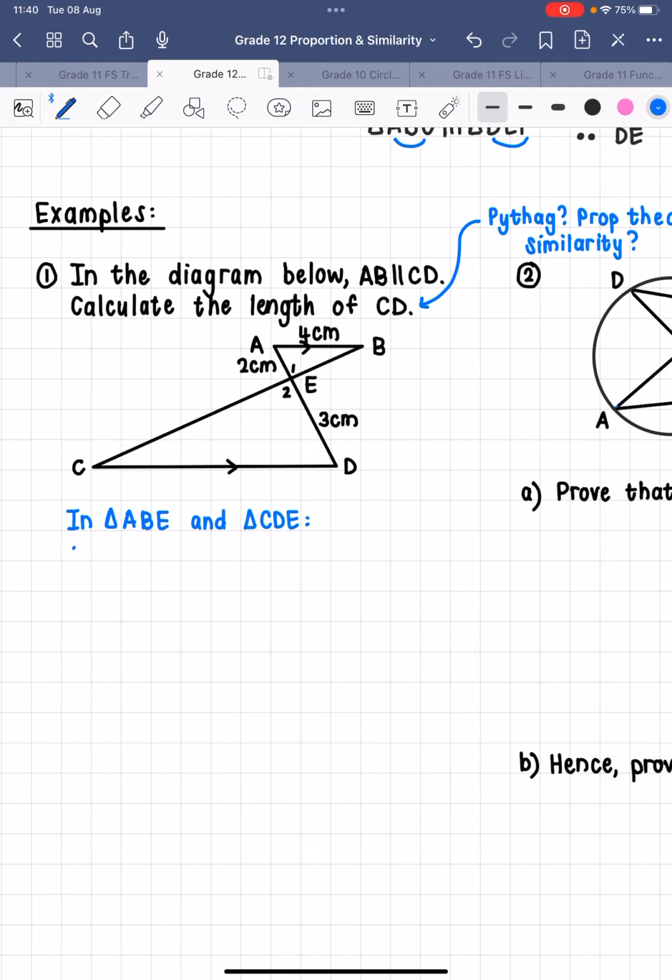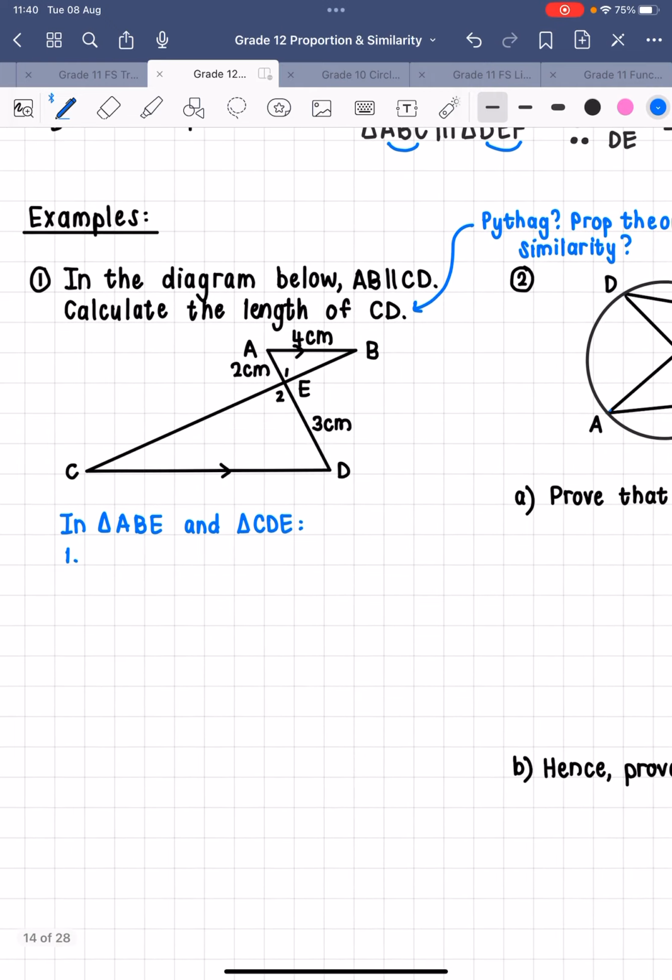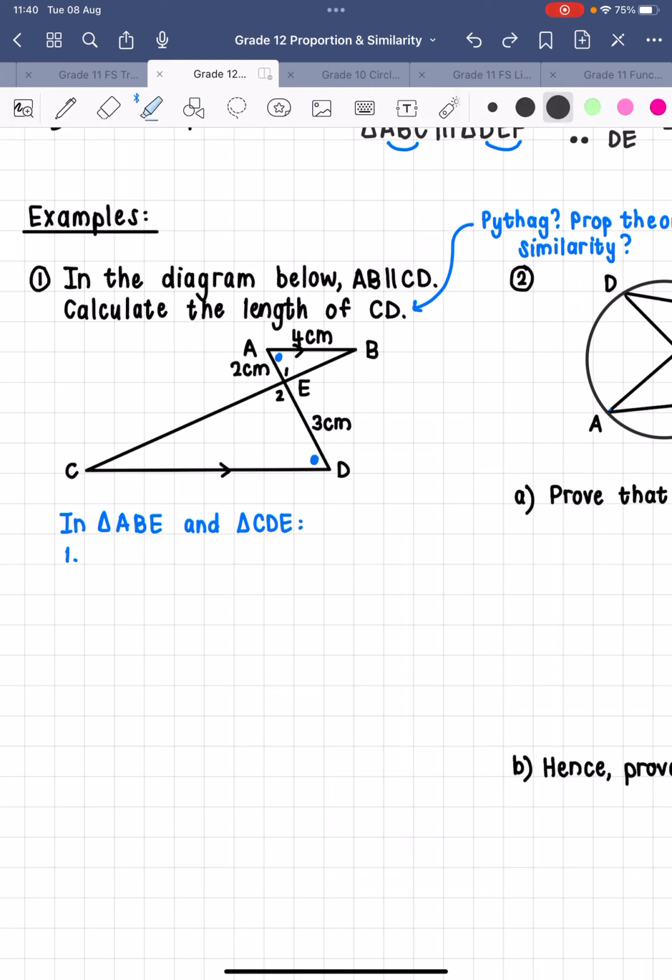All right, now we need to see whether we can prove that these angles are equal. Now, guys, they've told us that AB is parallel to CD, right? That means we're going to have to use that. They wouldn't have given us that information if we weren't supposed to use it. So do we see that these two angles are going to be equal because of that Z shape? Alternate angles, yes. Let me quickly just highlight that so you can see.